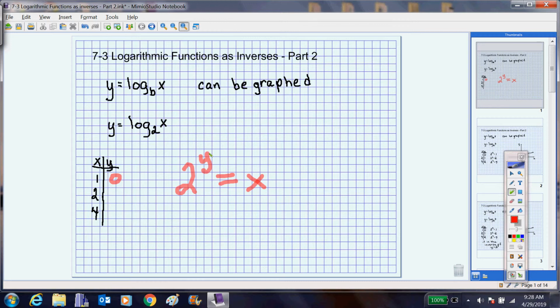So 2 to the what power equals 2? 2 to the 1 equals 2. 2 to the second power equals 4. So we have our points now. What I need you to do is make a graph of the ordered pairs (1, 0), (2, 1), and (4, 2). And then once we draw that, we're going to draw in a nice little curve.